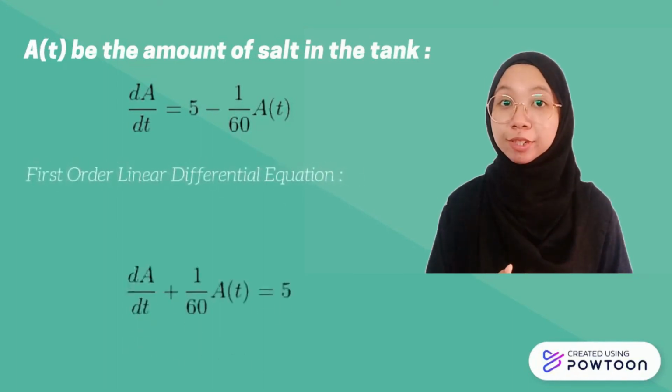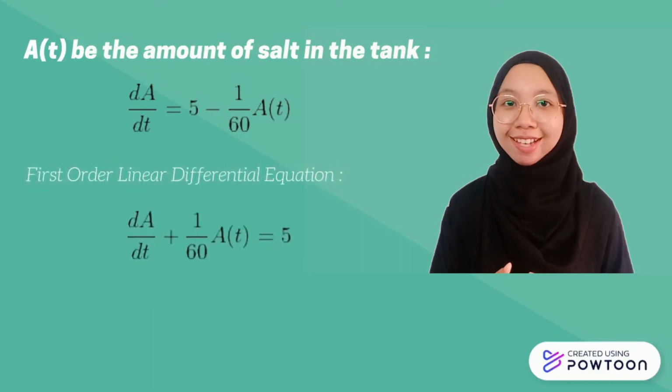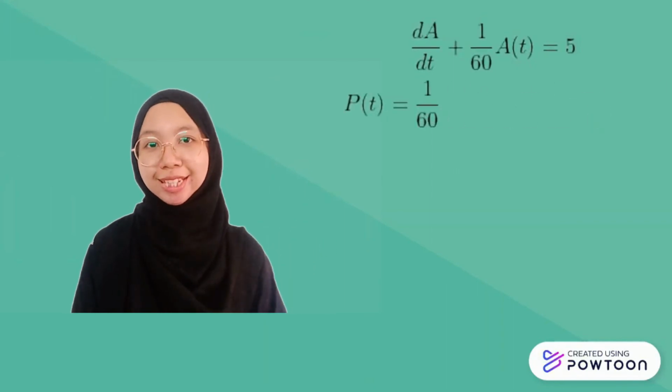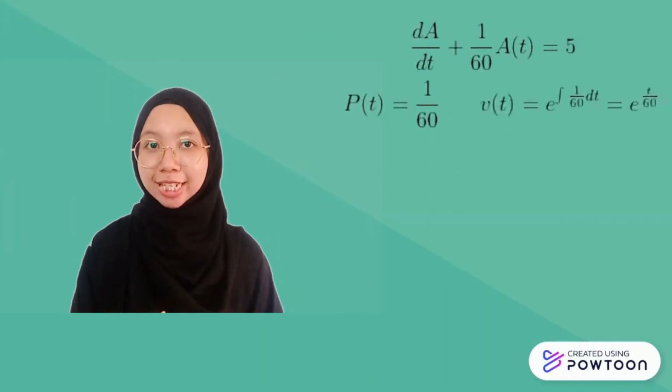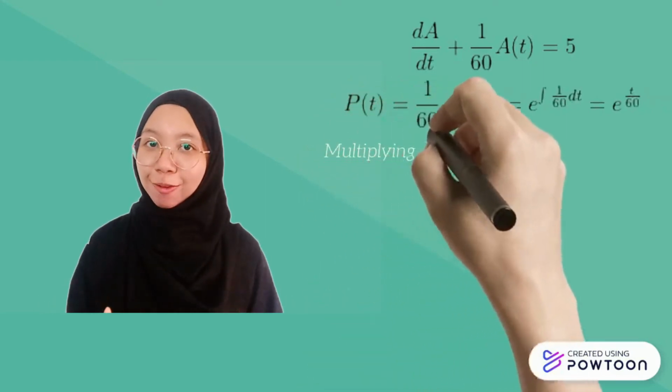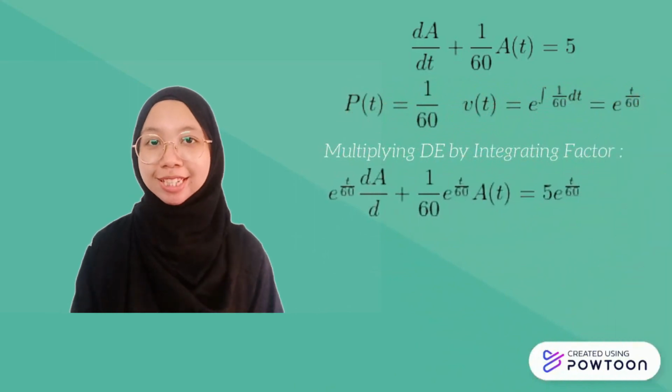First order linear differential equation can be written as, from the equation, P(t) equals 1 over 60. Thus, the integrating factor is e to the power of t over 60. Now, multiply the DE by the integrating factor, we get.